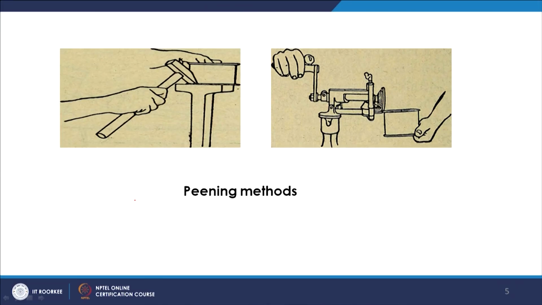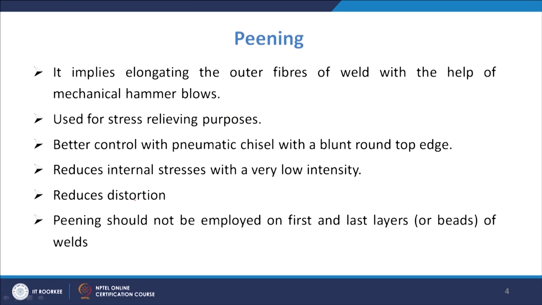Now, there is one care you have to take when we do the peening. These are the peening methods with a chisel. What is suggested is that when you are doing multi-run welds, in the first and the last weld you do not do the peening.